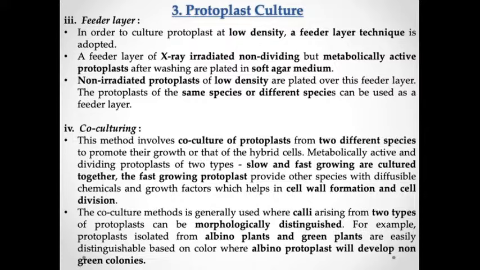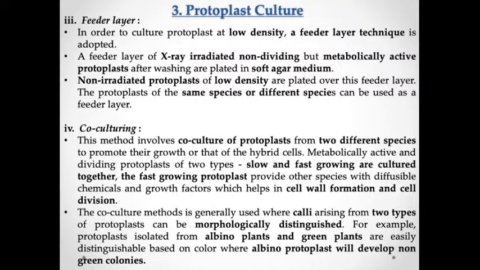Then co-culturing: this method is used to co-culture protoplasts of two cultures of different species to promote the growth of the hybrid cells, so that growth could be faster. Metabolically active dividing protoplasts are of two types, slow and fast growing cultures. The fast growing provides the other species with diffusible chemicals and growth factors, which help in cell wall formation and cell division. So the fast growing is helping the slow growing.